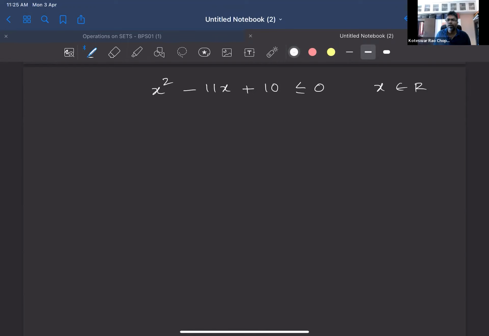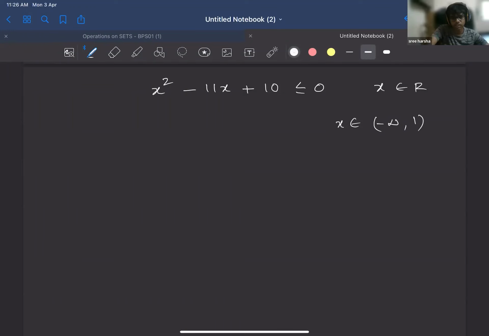x belongs to minus infinity, 1, in square brackets. x belongs to minus infinity, and then the bracket. Okay, then 2, 1, then square bracket.